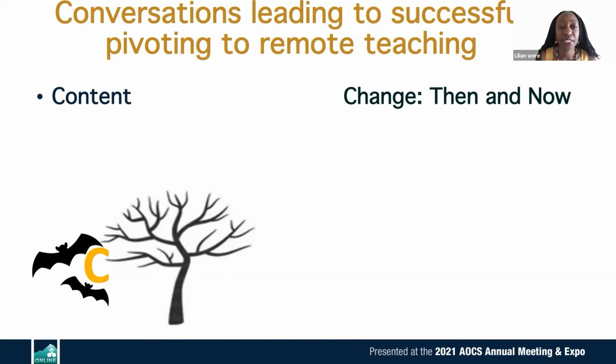So some of the content changes that I've made have been recording my food chemistry lectures. And so this is to take care of the unexpected, like lost internet connections, and so that has been a difference. Then recently we've transitioned to Hyperflex teaching.